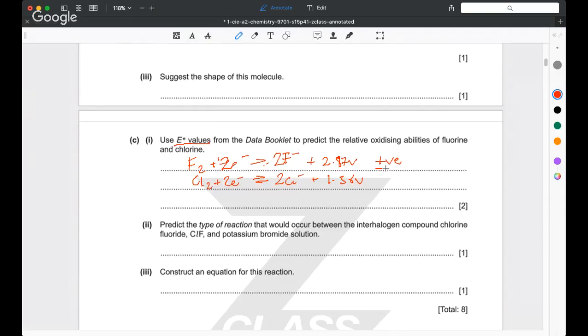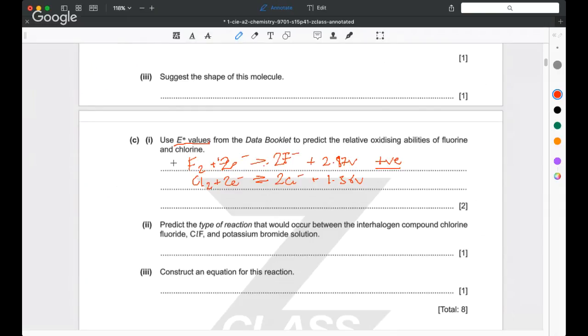This is the most positive standard electrode potential. So this reduction is going to happen much more easily than this. These standard electrode potentials are always written as a reduction. If that reduction is happening more easily than that, that means that fluorine is oxidizing something more easily than chlorine.